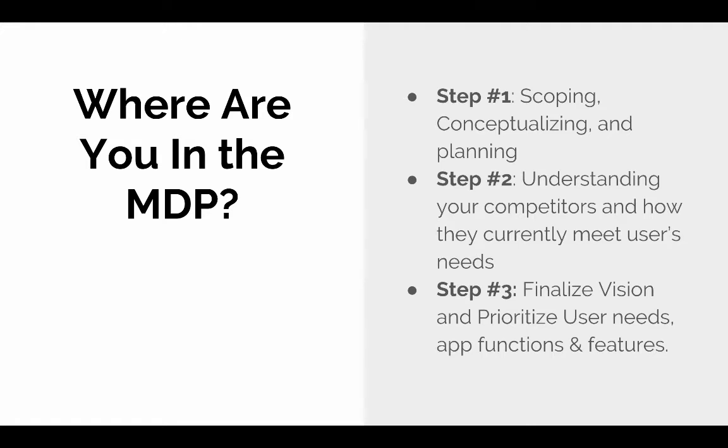At this point in the process, each of you should have a finalized app context and created a phrase that describes your app, so your abstract. In step 2, you did some market research to understand your competitors and how user needs are currently being met. And finally, in step number 3, you've taken your context and transformed it into an app vision while also finalizing your user needs and the functions that you will design for.